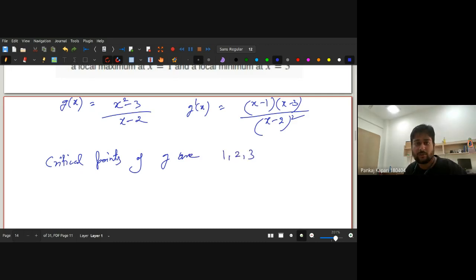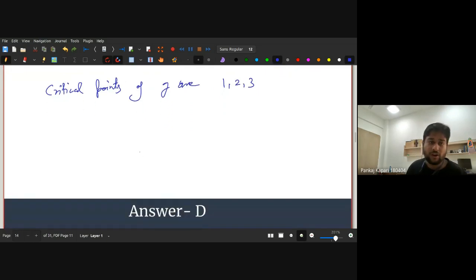There are three critical points, and we also know the sign of the derivative, which we have already determined. Let me write a positive sign, because in the whole first interval the derivative is positive. Then the derivative is negative, again negative, and again positive. If you consider the first critical point, locally in a small neighborhood the sign of the derivative changes from positive to negative.